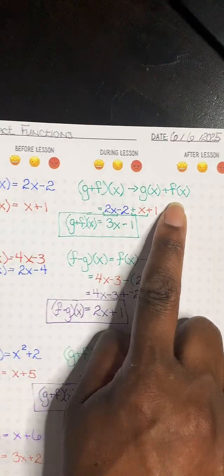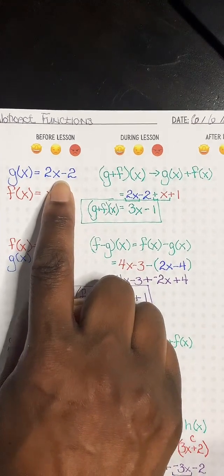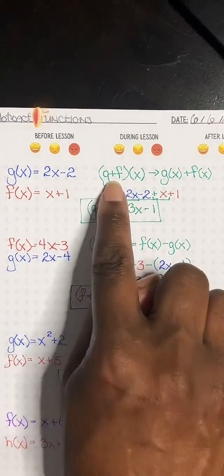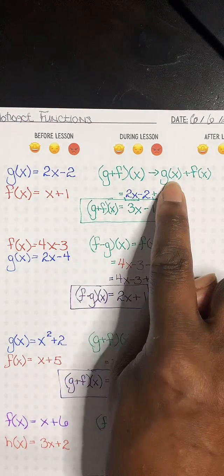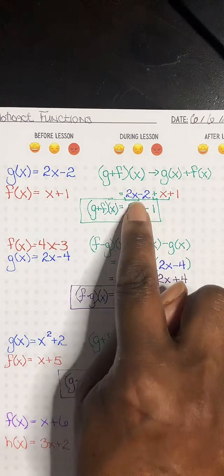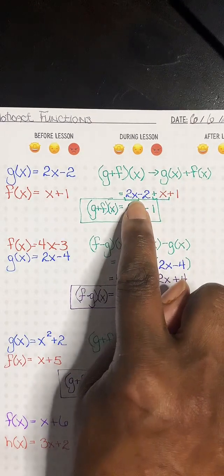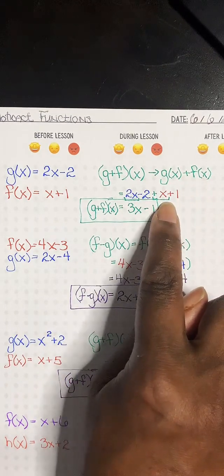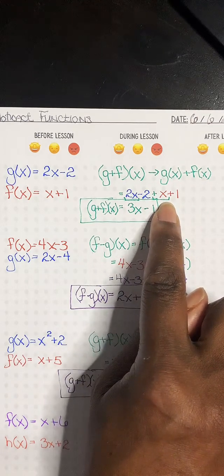In this case, our g function was 2x minus 2, and our f function was x plus 1. When you notice that there's a plus sign, we're basically taking the g function and adding it to the f function. Two different colors, two different functions. All we did was combine like terms.